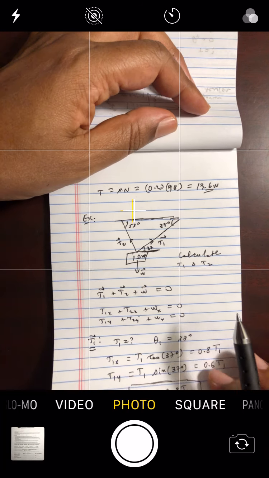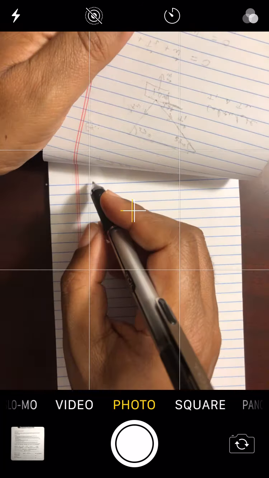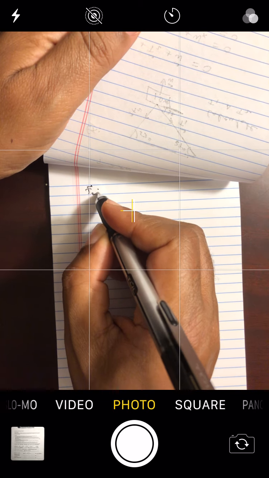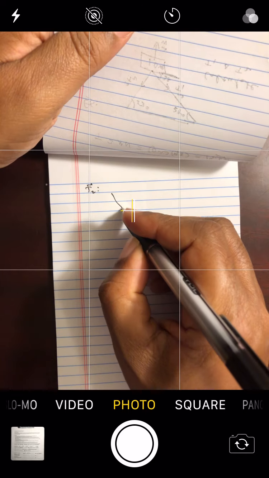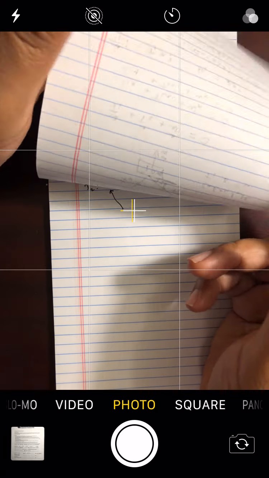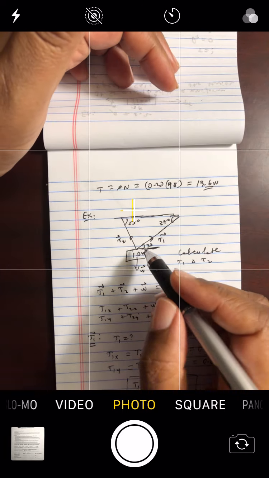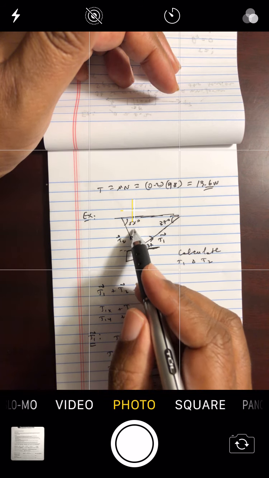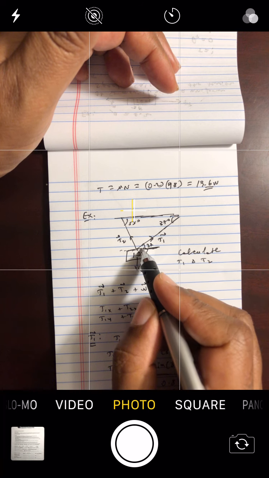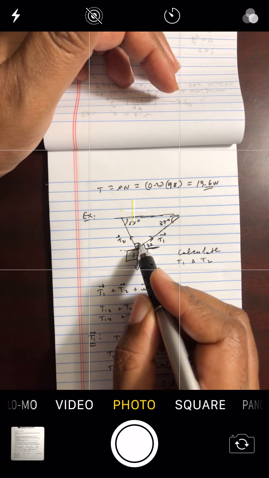And then let's go to T2. Okay, T2 is inclined like this. Look, these two angles are equal. These are alternate interior angles, if you remember geometry. But the angle we need is this one. This is the default angle measured from here.